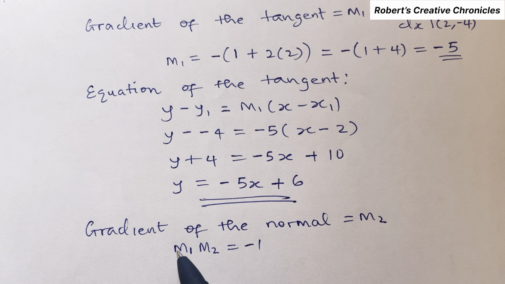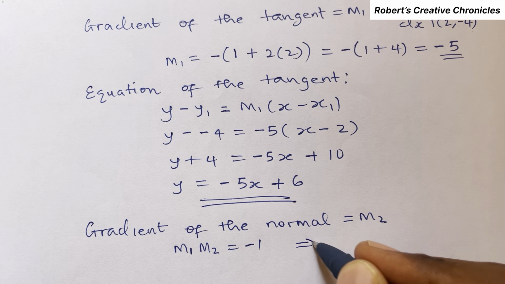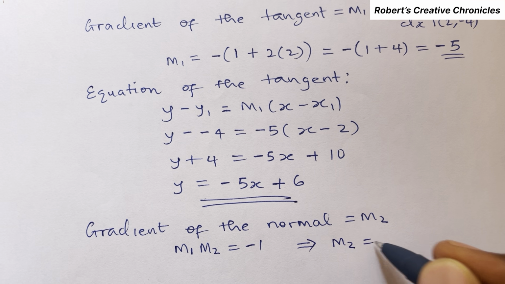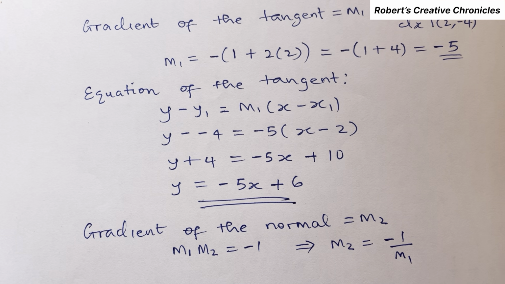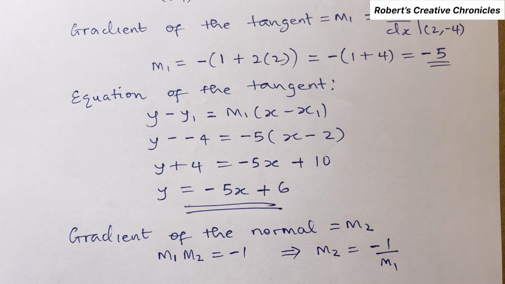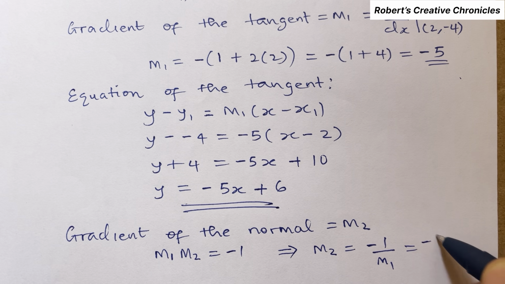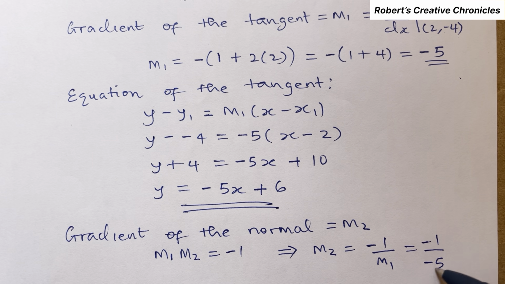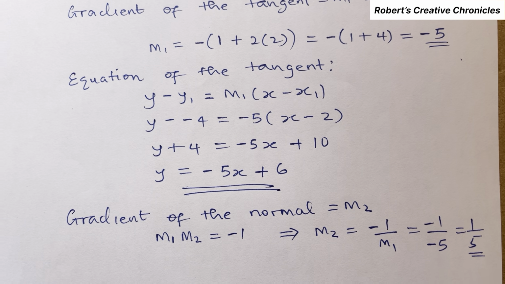So this formula connects m1 and m2. Now we can substitute m1 here and get m2. So this becomes m2 is equal to negative 1 over m1. So what is m1? m1 is negative 5. So it's what? Negative 1 over negative 5, which is 1 over 5. So m2 is 1 over 5.